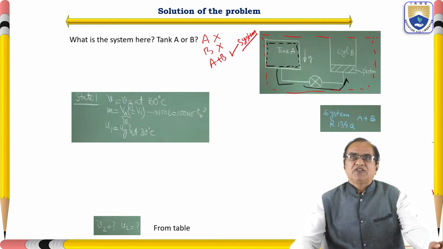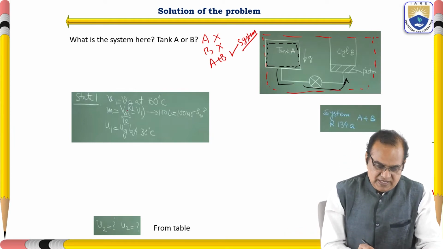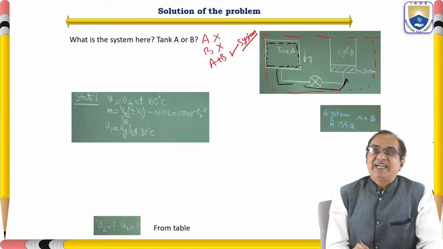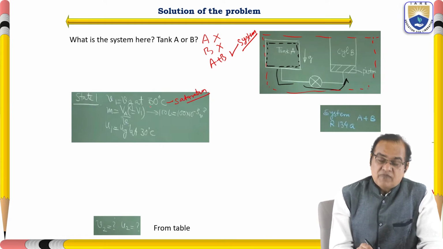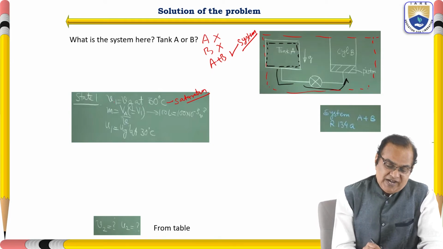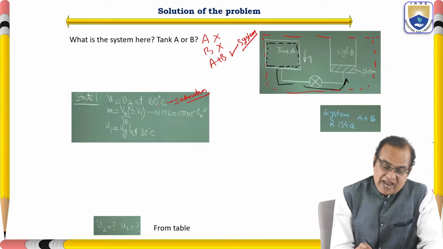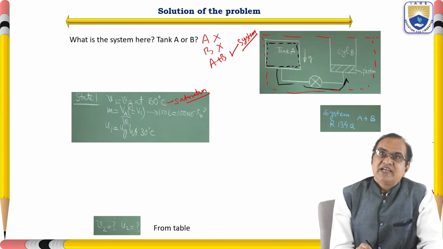State point: V1 is Vg at 30 degrees centigrade because it is given as saturated. So from the table we will find out the specific volume at 30 degrees centigrade.